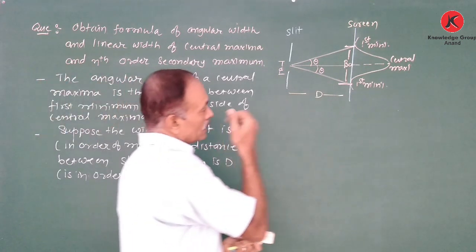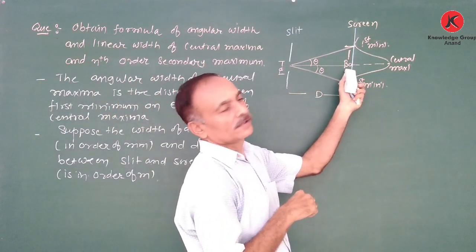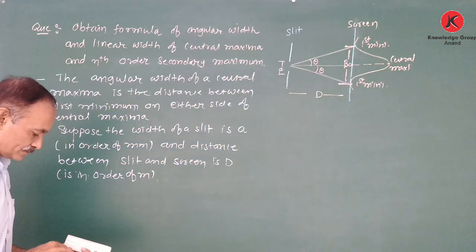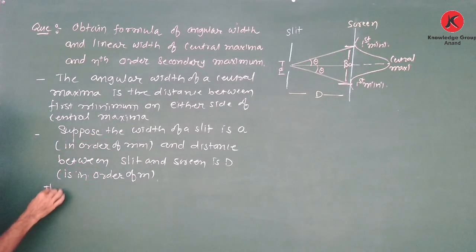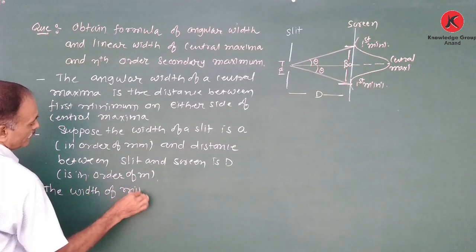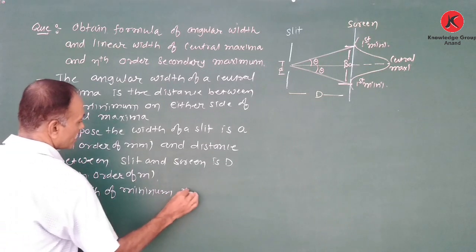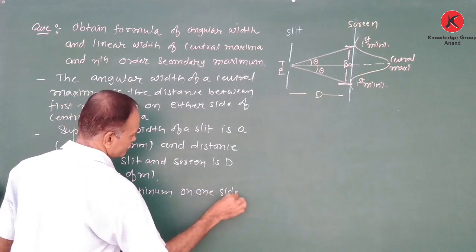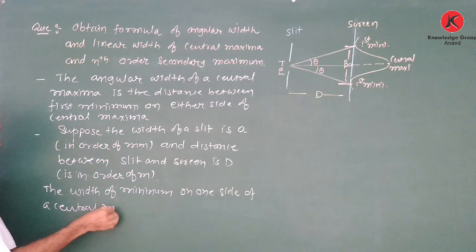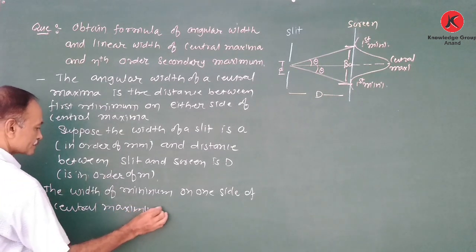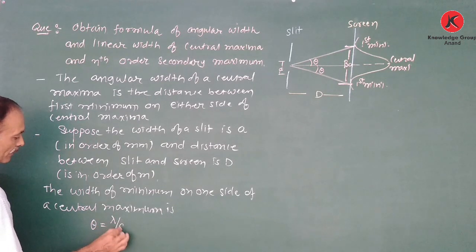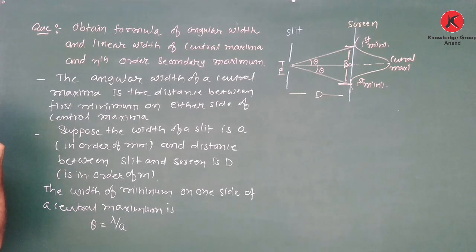Therefore, for the minimum on one side of the central maximum, theta is equal to lambda upon a.